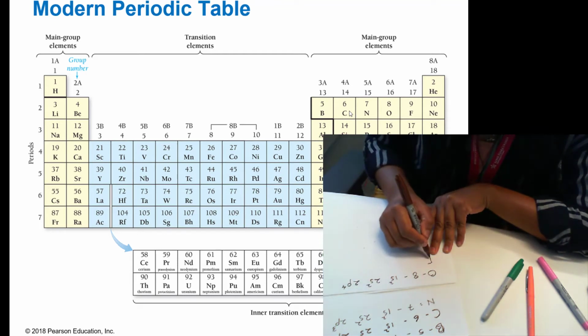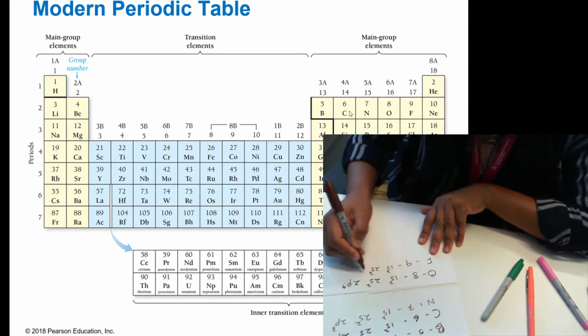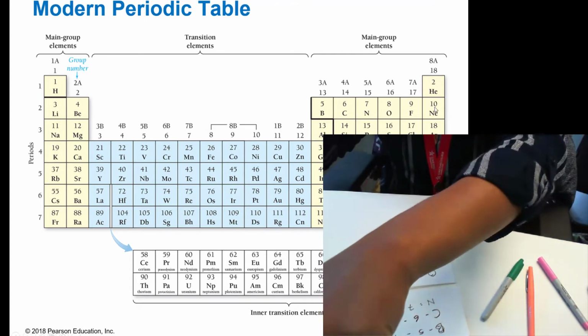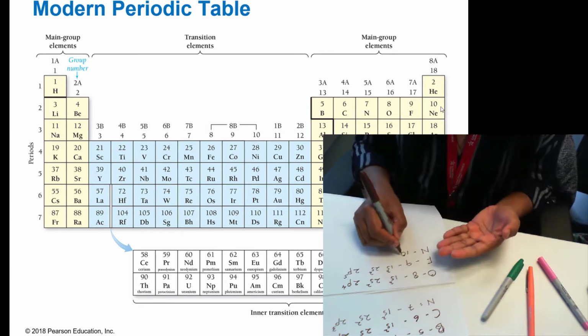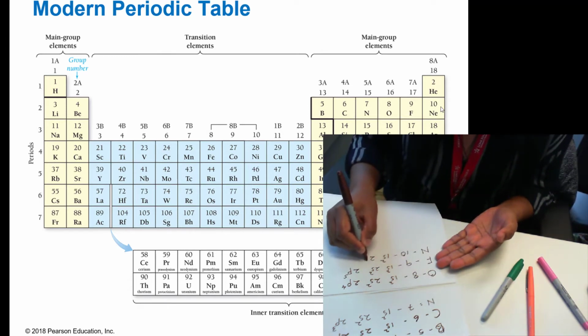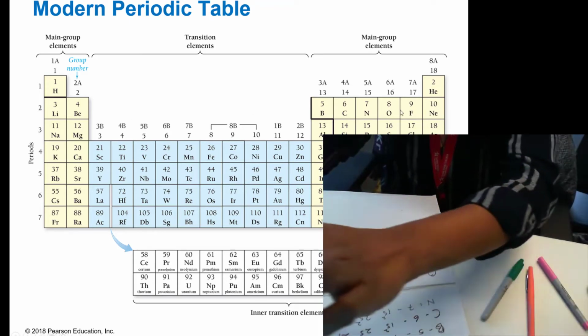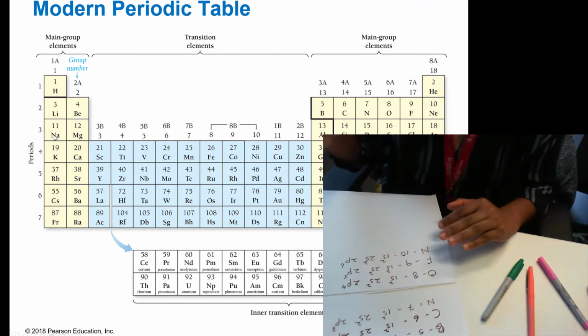Go to fluorine, which has 9, 1s2, 2s2, 2p5. We are going to neon, the last one, which has 10 electrons, 1s2, 2s2, 2p6. So then our second shell is over, right? And then you start the third shell.